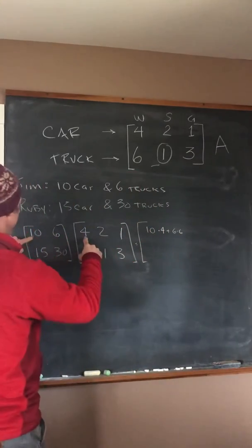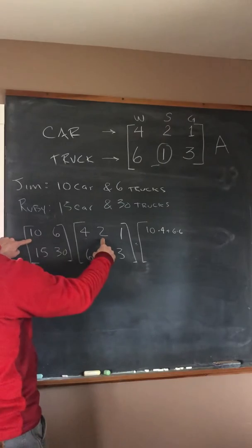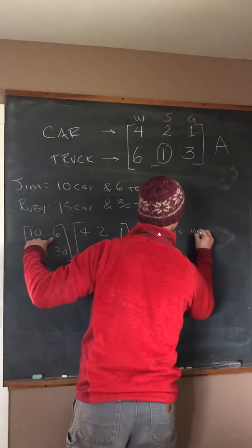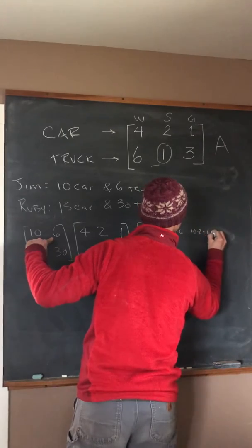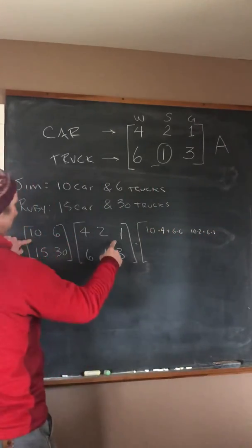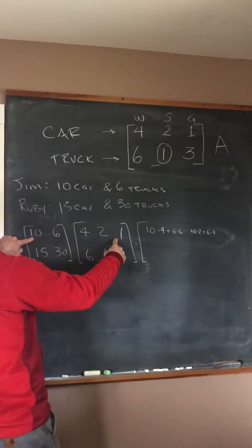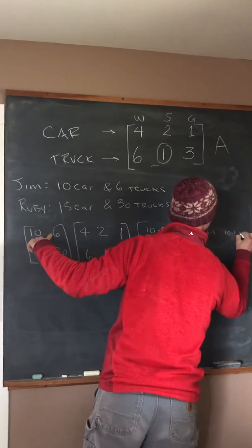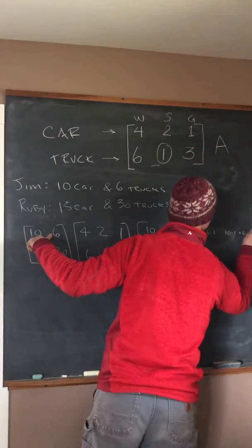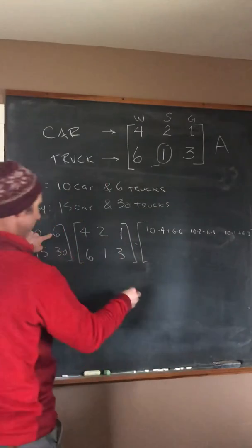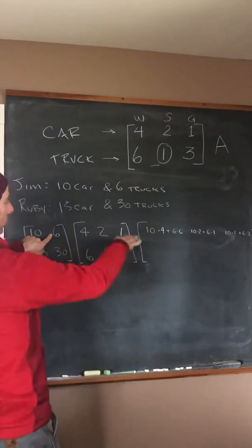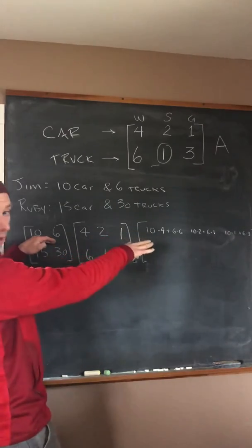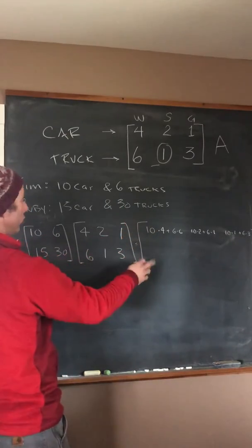Do it again. 10 times 2 plus 6 times 1. And again, 10 times 1 plus 6 times 3. Okay, we got the first bit down. We got Jim's order taken care of. That's what we saw before. Now we're going to add Ruby's order onto it.